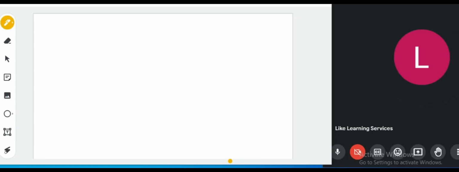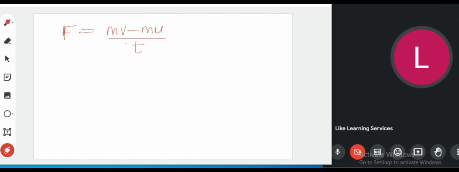Okay, we have seen that resultant force is equal to mv minus mu over t, which is Newton's second law. Resultant force F is equal to mv minus mu over t. By the way, mv minus mu is change of momentum.